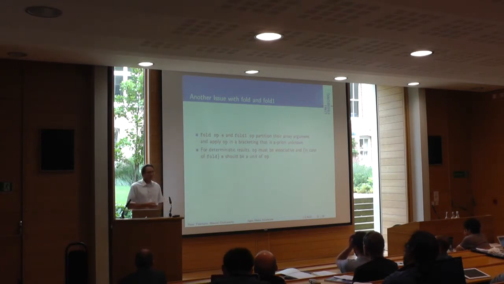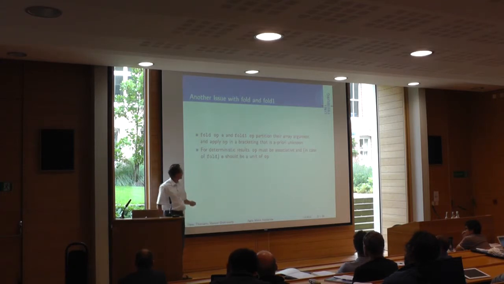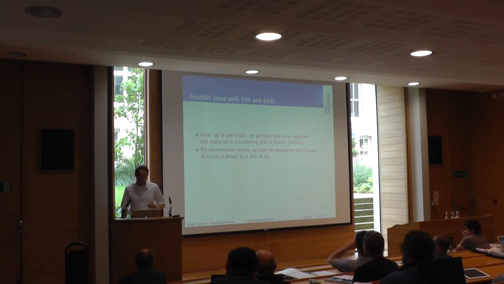And if you want deterministic results of these operations, then the operation must be associative, and maybe sometimes you also want to enforce that, in case of fold, the E is also a unit with respect to the operation. Well, that's all well known. You can express such stuff in Agda. So great.